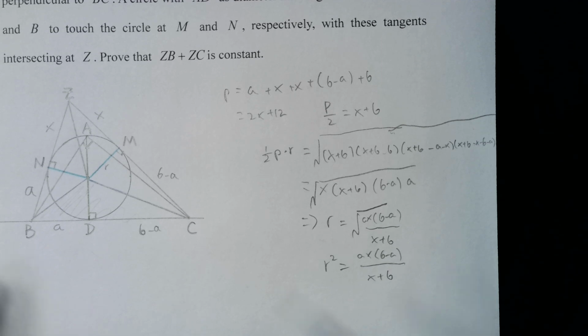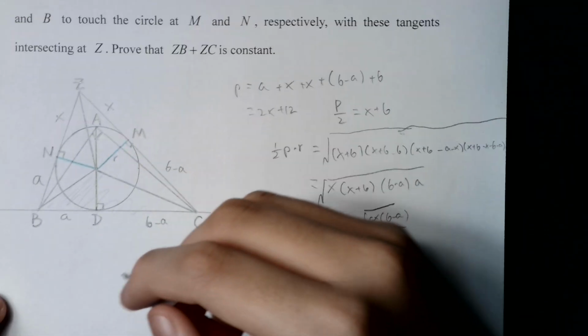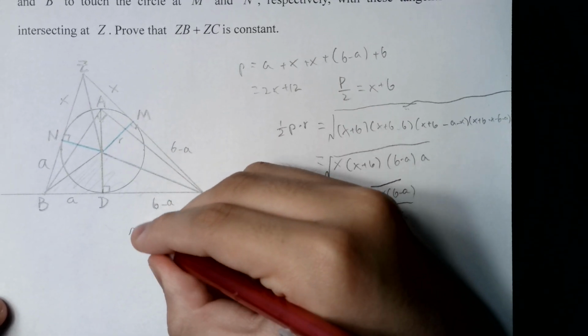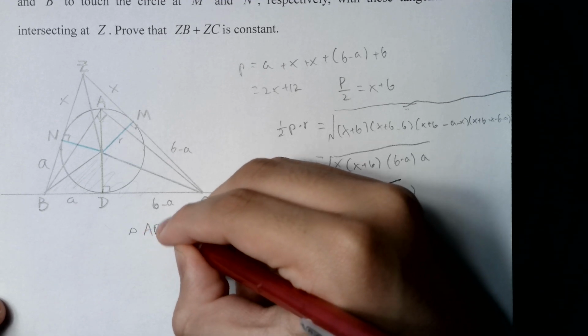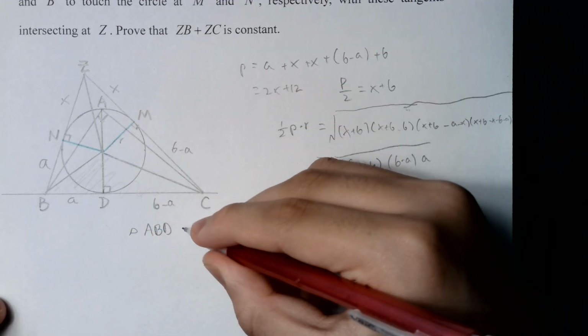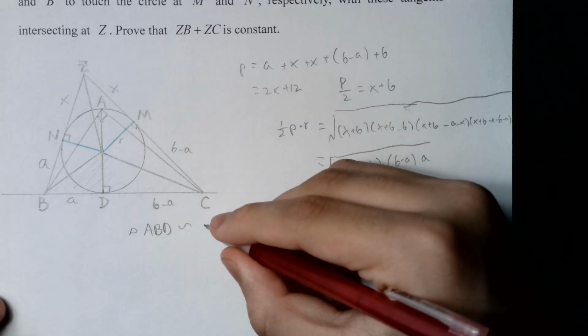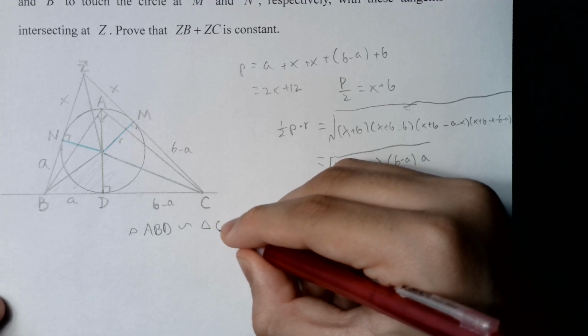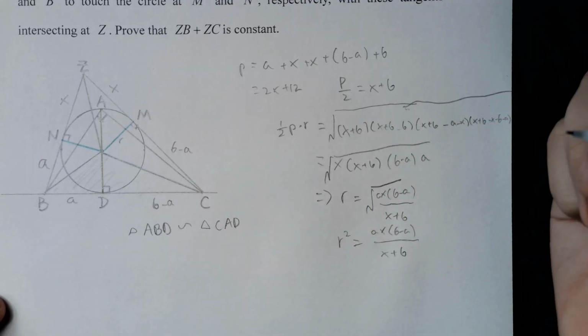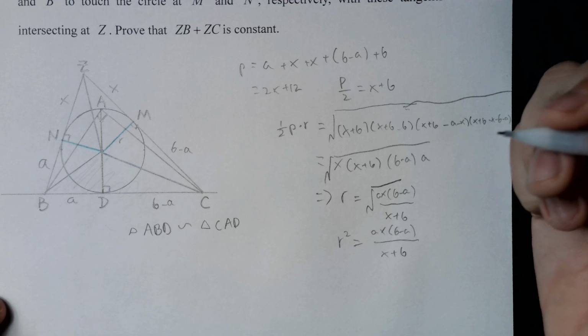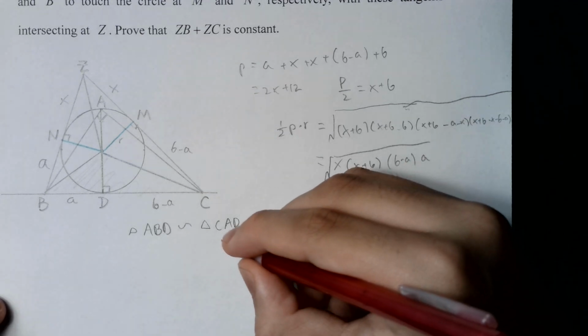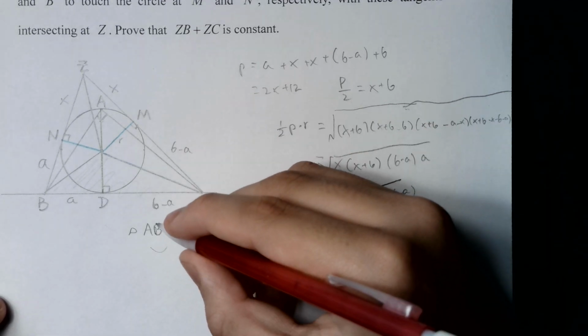Sorry. And this means that we can write out a similar triangle and use ratios. So we can see that triangle ABD is going to be similar, and I write this little squiggly sign to show that it's similar to triangle CAD. And now, what sides are similar to each other? Well, I usually like to draw these little length lines. So CD and BD.